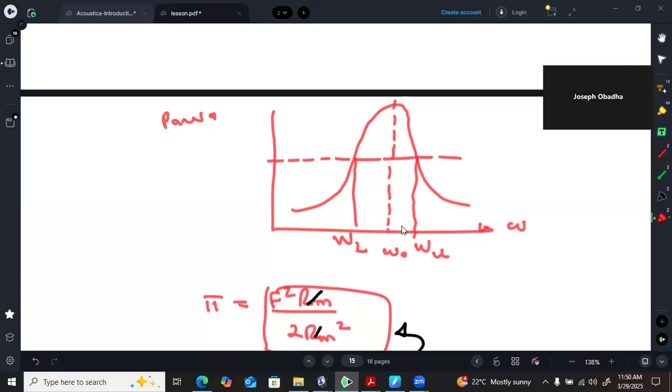If we do that, then the quality factor we define by omega naught over omega upper minus omega L.